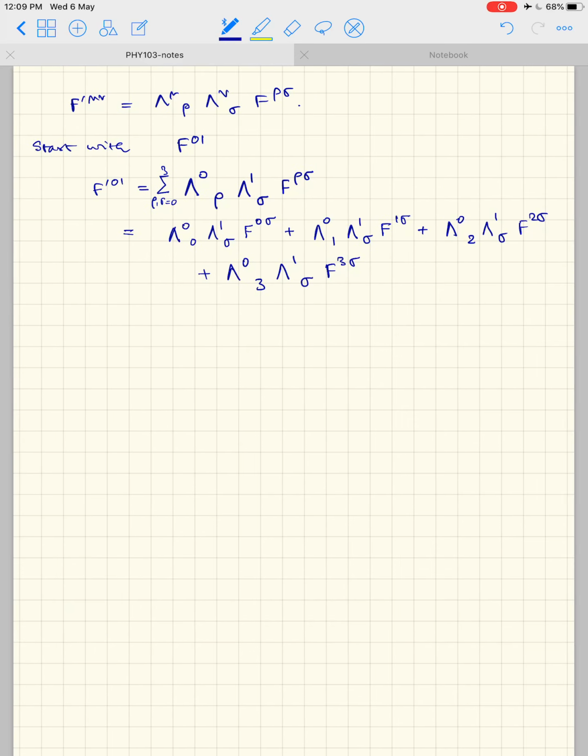So these terms would be equal to 0, because lambda 0 2 is 0 and lambda 0 3 is 0. So these are not there, and we are just going to erase them.